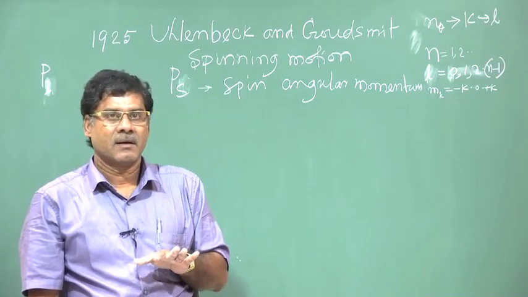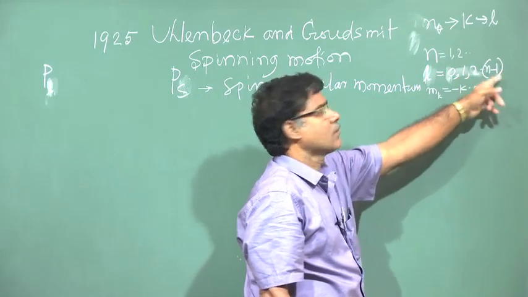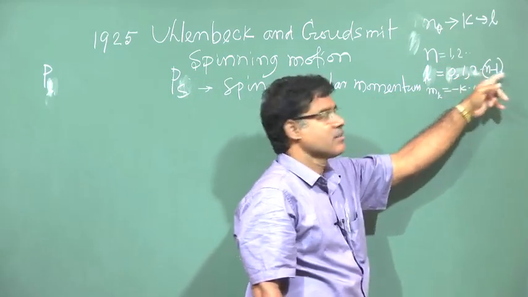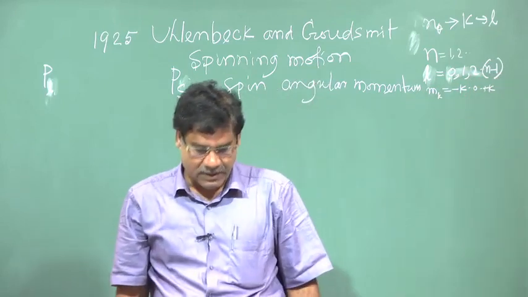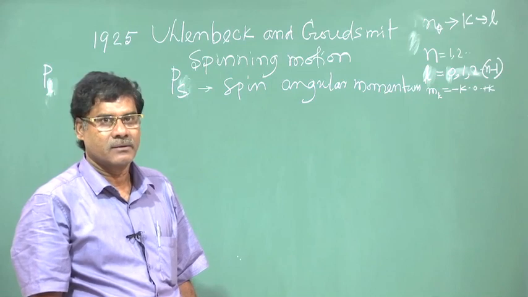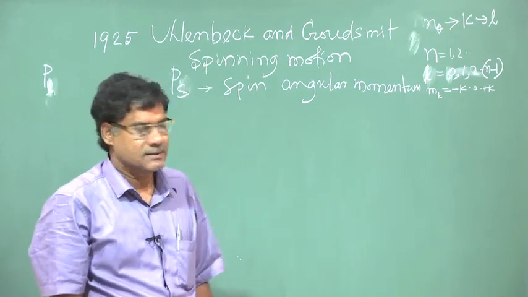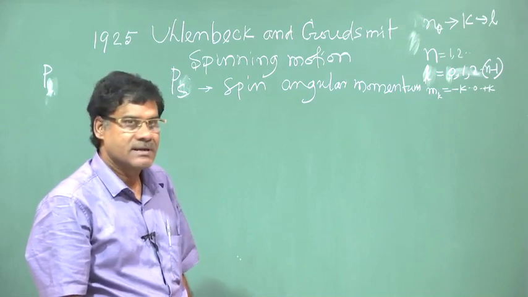Only the range differs: instead of 1 to n, it is 0 to n minus 1. And what is the origin of that? It basically comes from quantum mechanics, so that we will see later on.